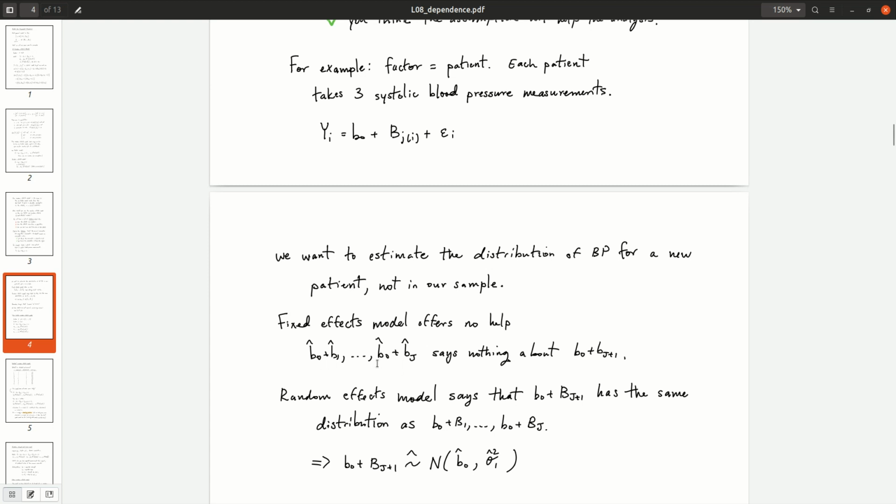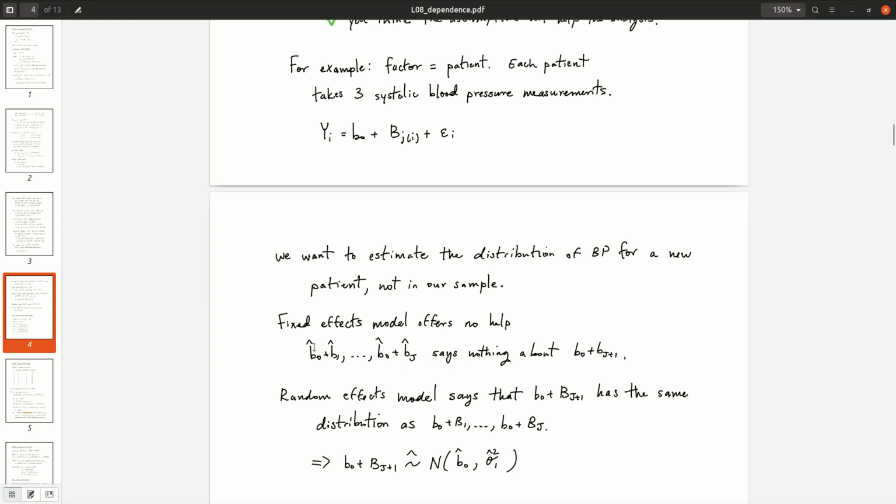collection of effects. So the estimated expected blood pressure for patient j is going to be B0 hat plus B lowercase j hat. So the collection of these effects is B0 hat plus B1 hat up to B0 hat plus B sub J hat.